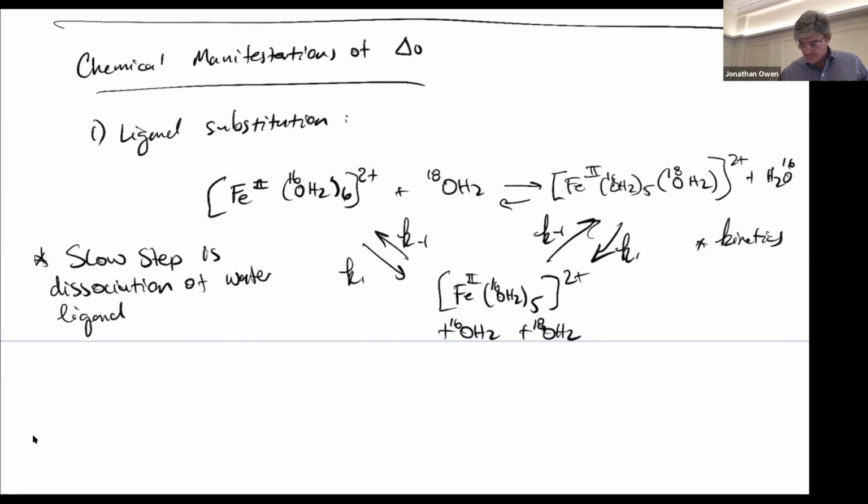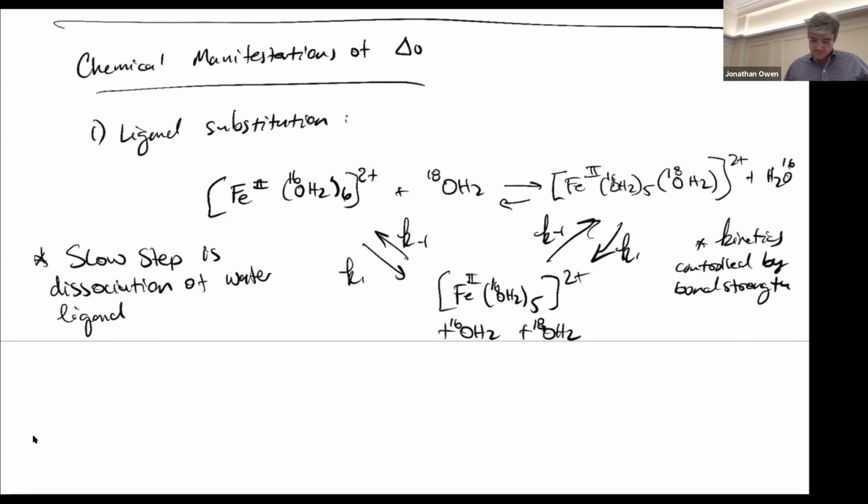The kinetics are controlled by bond strength. Not always true. Kinetics are not always controlled by the bond strength here. But in this case, they are, because the mechanism involves breaking a bond. You've got to pay that penalty, okay?